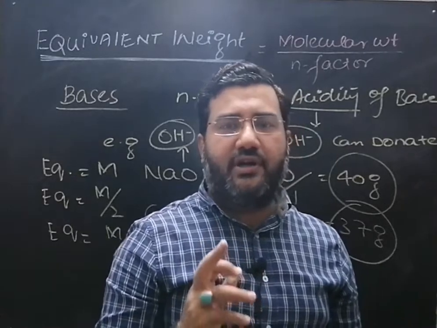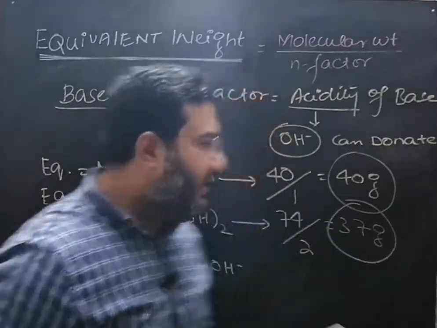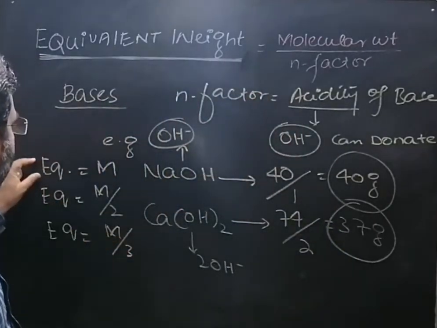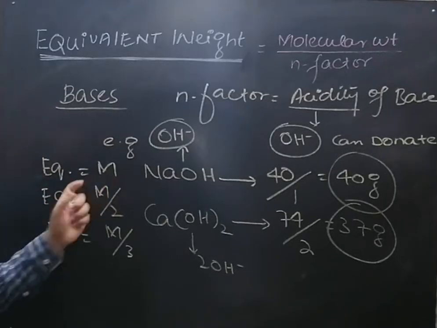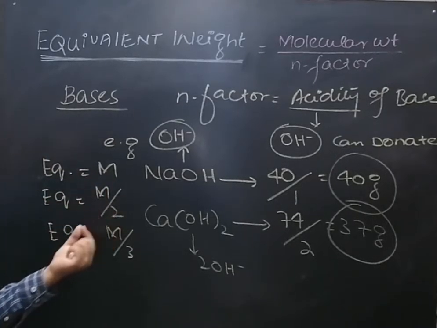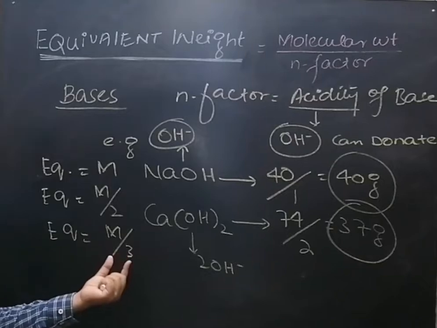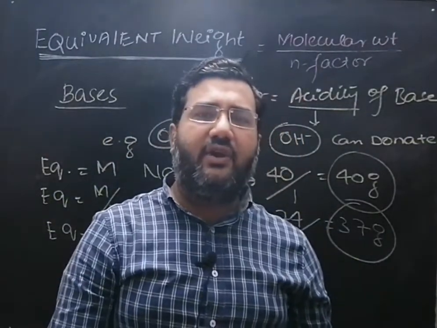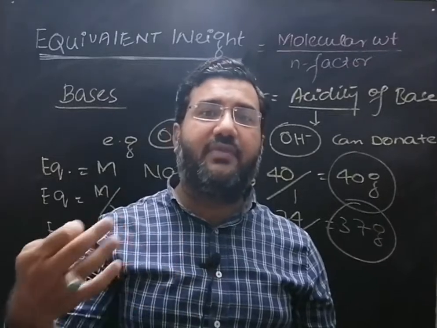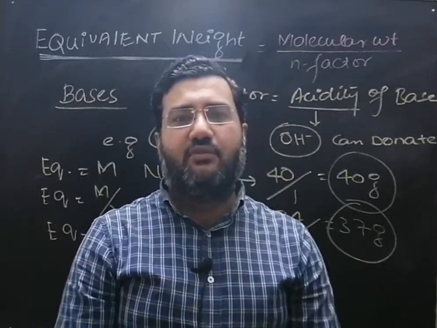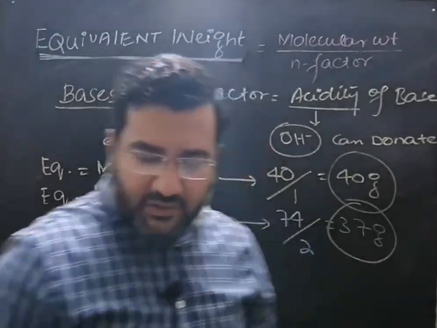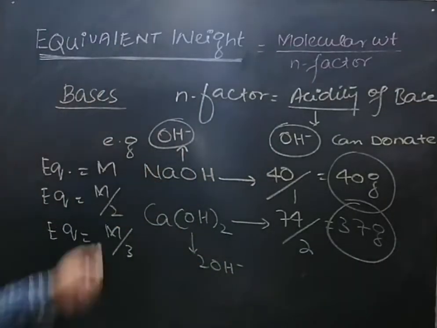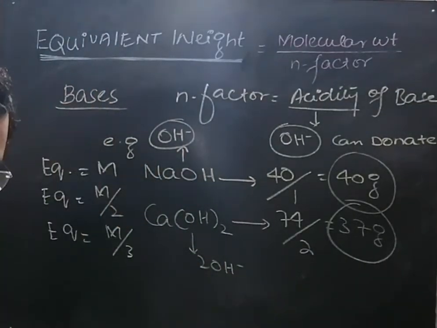But a very important point to keep in mind: in most cases the equivalent weight is either equal to the molecular weight, or half of the molecular weight, or 1/3 of the molecular weight. There are very rare chances when the equivalent weight is 1 by 4th or 1 by 5th or 1 by 6th of its molecular weight. So this was how the equivalent weight of the bases can be calculated.